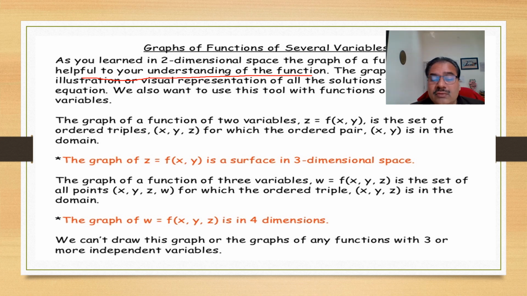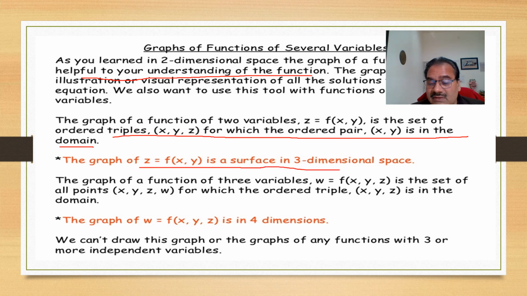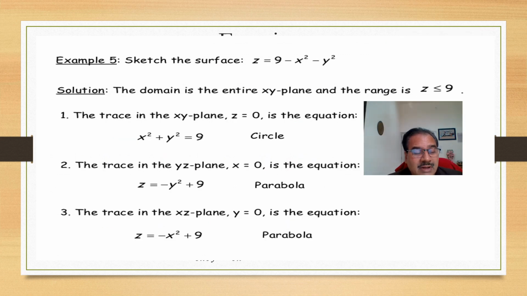We also want to use this tool with functions of two variables. The graph of a function of two variables, z equal to f of xy, is the set of ordered triples xyz for which the ordered pair xy is in the domain. Like this, the graph of z equal to f of xy is a surface in three-dimensional space, which we have already studied.